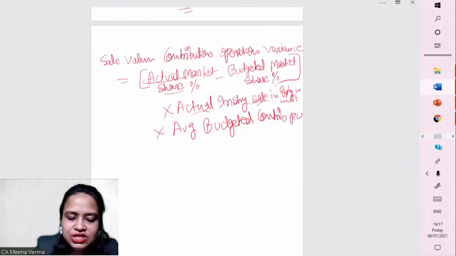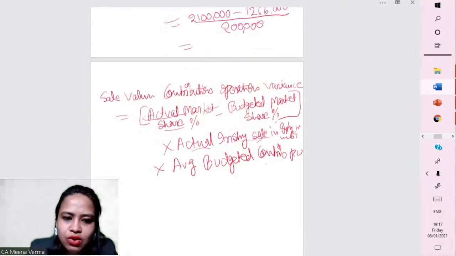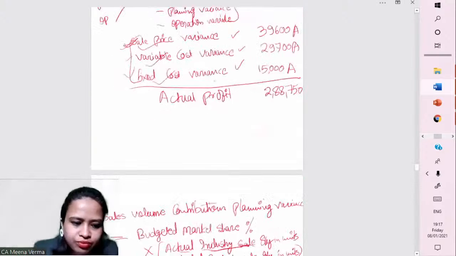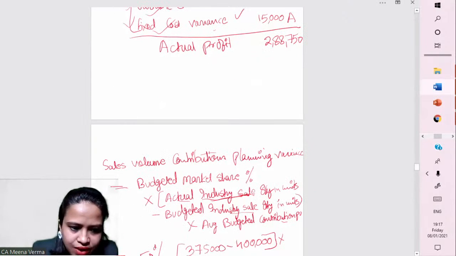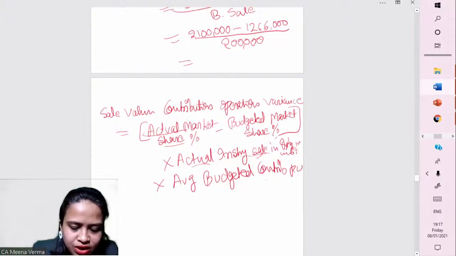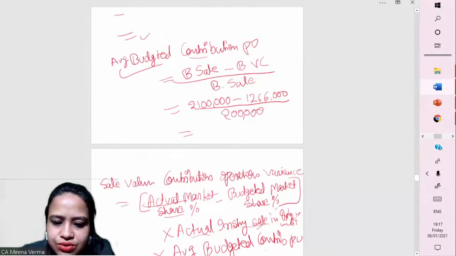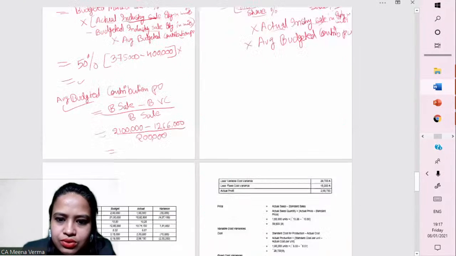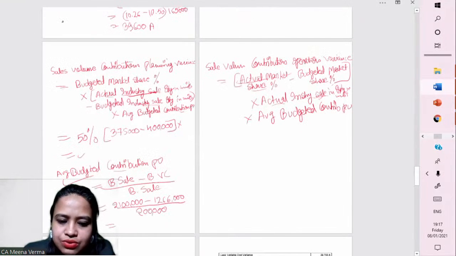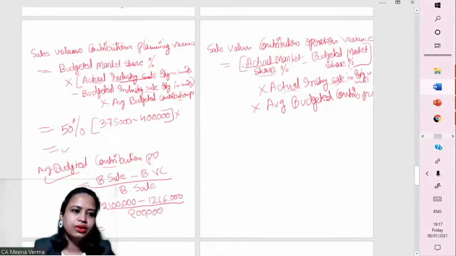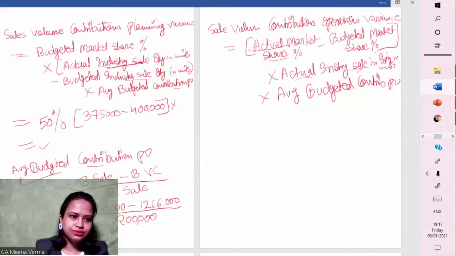Then average budgeted contribution, this is what we have already calculated. This is average budgeted contribution per unit. Consider these values, give me the answer. Both the parts of the question. Solve it, give me the answer.